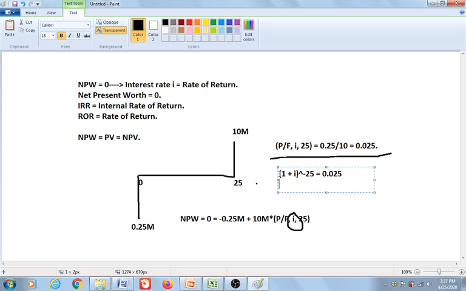So let's solve this problem. 1 plus I equals 0.025 to the power of minus 1 over 25. And what is 0.025 to the power of minus 1 over 25?